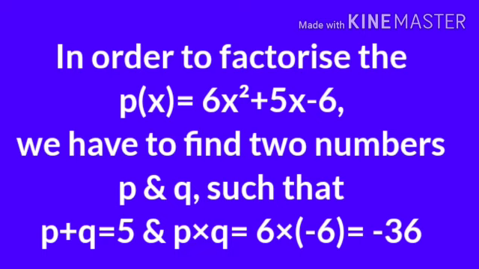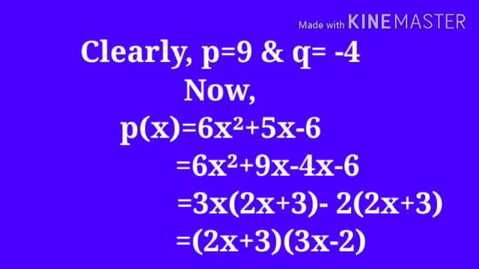In order to factorize this polynomial, we have to find two numbers p and q such that the sum of p and q should be 5 and the product pq should be minus 36. And it is clear that the value of p must be 9 and the value of q must be minus 4. As we proceed, you can see that the middle term 5x can be split as 9x minus 4x, and ultimately we are able to factorize the given polynomial as (2x plus 3)(3x minus 2).